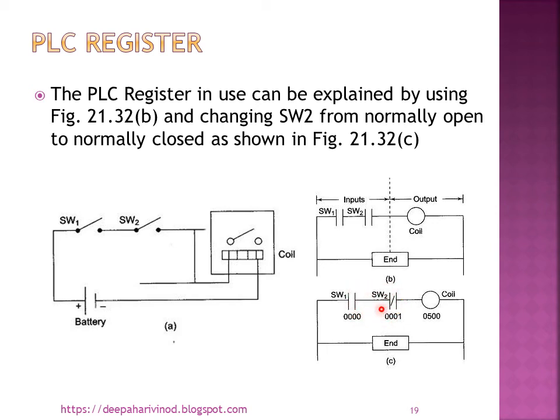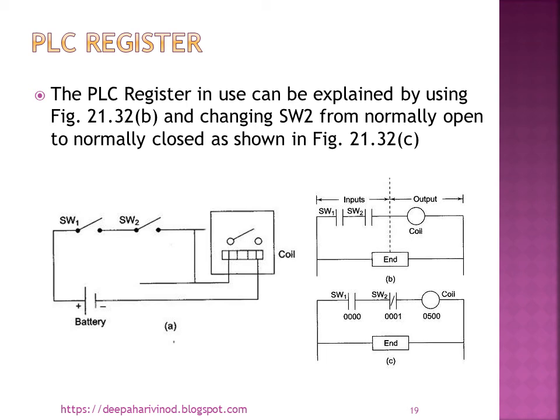That is physically on. Each symbol or instruction has been given an address. So each symbol has its own address, SW2 has its address, and the coil has another address. This address sets aside a certain storage area in the PLC data file so that the status of the instruction can be stored.